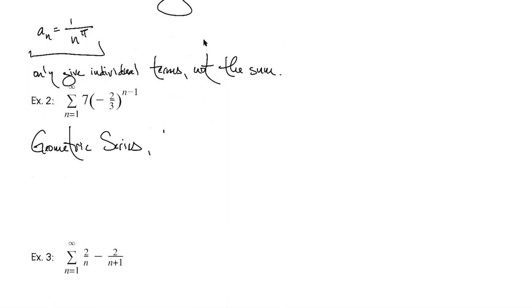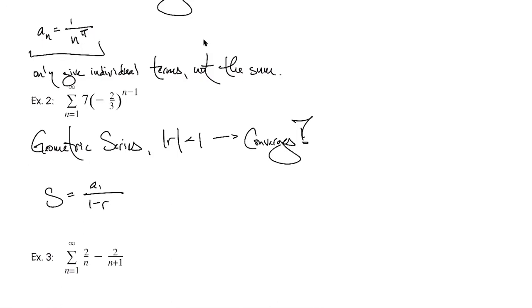Our r value is less than 1, okay? And when we have this r value with the geometric series, we can actually find the sum. So how do we set up to find the sum for this geometric series? A sub 1 over 1 minus r. Perfect. A sub 1 over 1 minus r.